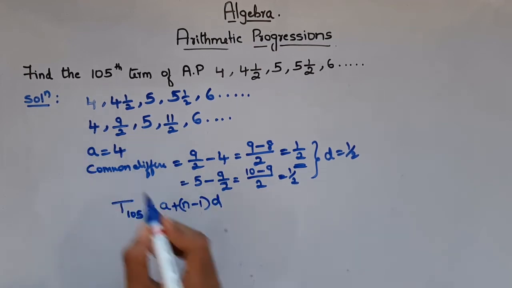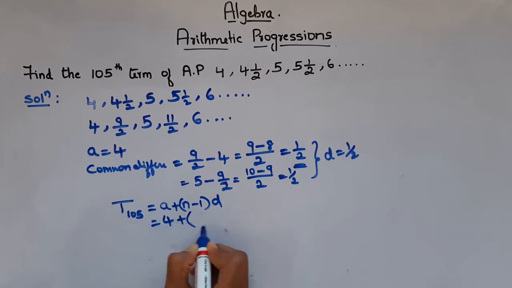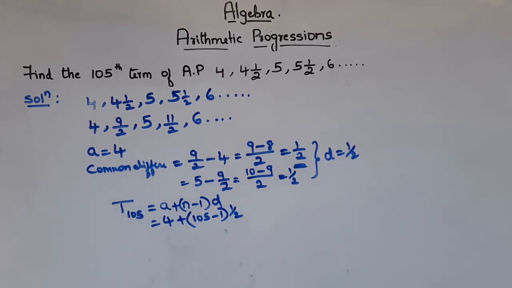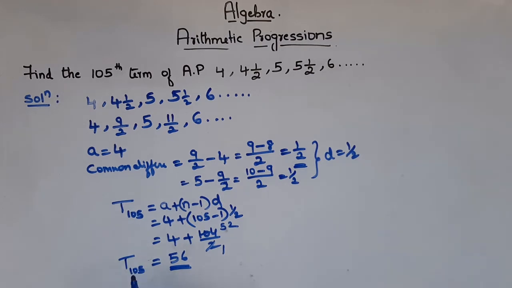So in this case A is 4 plus n here is 105 minus 1 into D is half, which is equal to 4 plus 105 minus 1 will give you 104 by 2. So 2 ones are 2, 2 5s are 10, 2 2s are 4. So we have 4 plus 52 will give you 56. So your T105, so 105th term is 56.